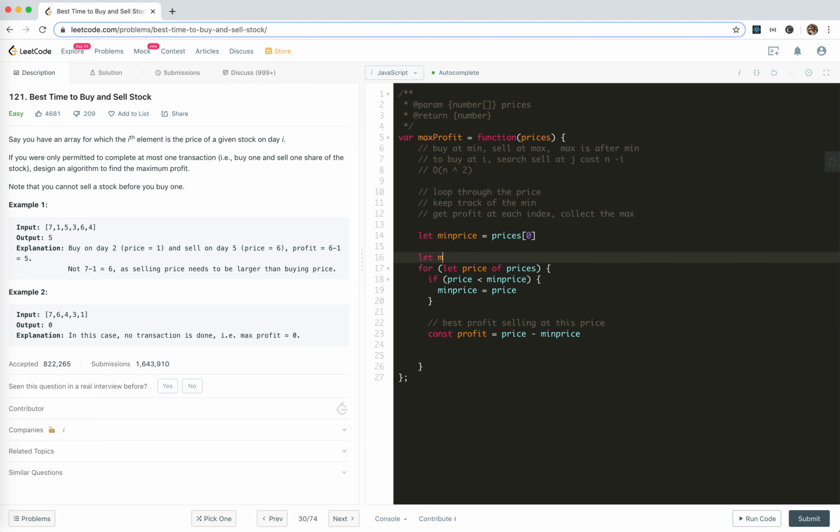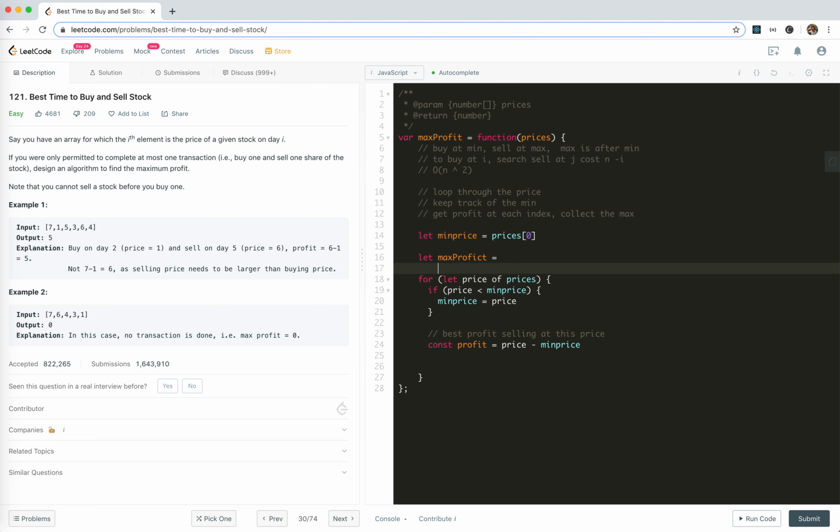Let max profit, use camel case here, equal zero. There might be a case with all negative numbers, so we set it to zero here.